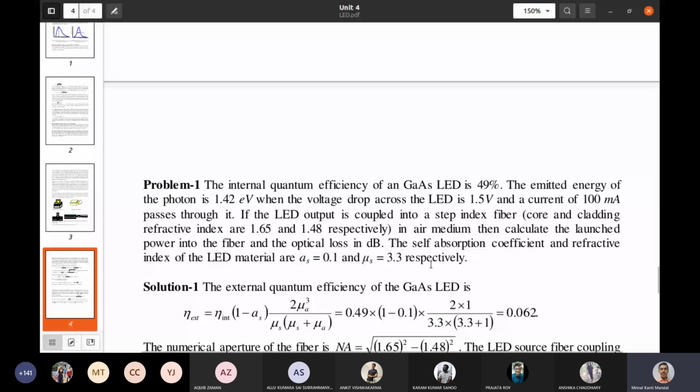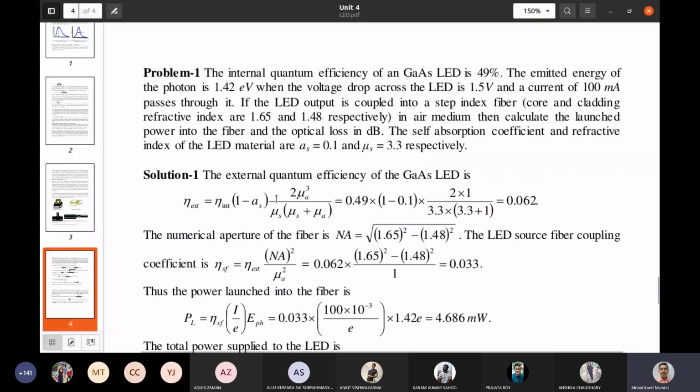The self-absorption coefficient and refractive index of the LED material are given. So you know the external quantum efficiency of a gallium arsenide LED: eta external equals eta internal times (1 minus AS) multiplied by twice mu A mu S divided by (mu S plus mu A) whole square. This is whole square; I have forgotten it here perhaps. So this is whole square.